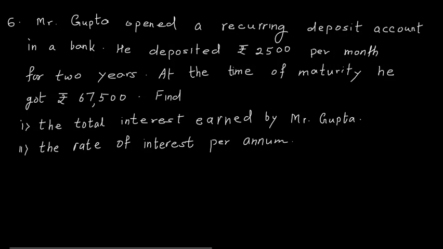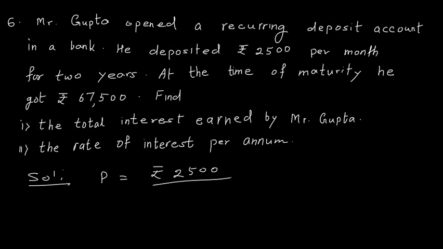So let us write whatever is given. In this problem, P is given, rupees 2500. This is the amount deposited per month. Time is given. Time we write with N. It is 2 years.